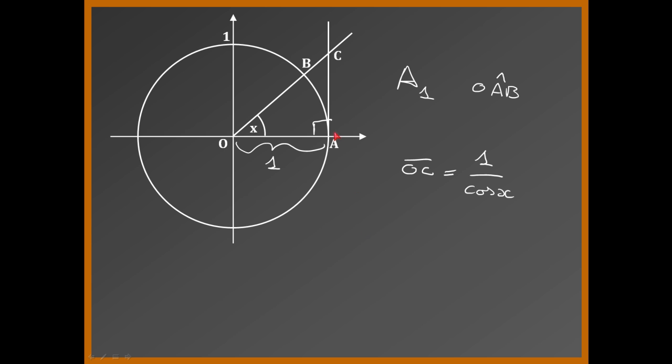Then, the length of the segment AC will be equal to the length of the hypotenuse, 1 over cosine of x, that multiplies the sine of the angle, sine x. And this equals the tangent of x.